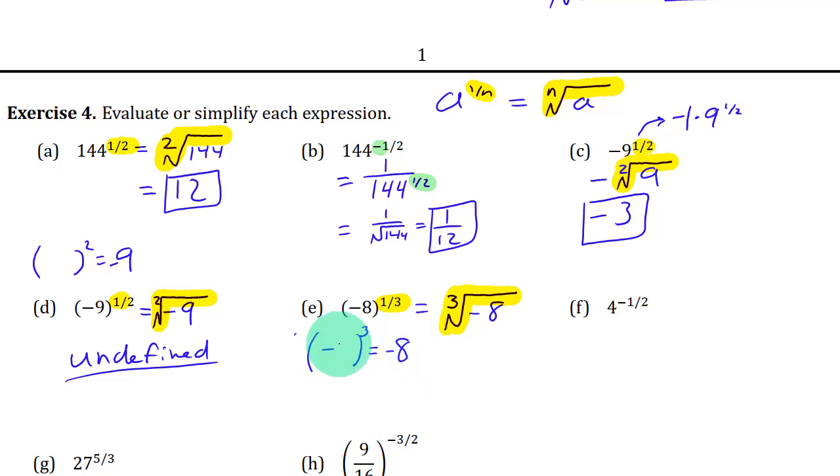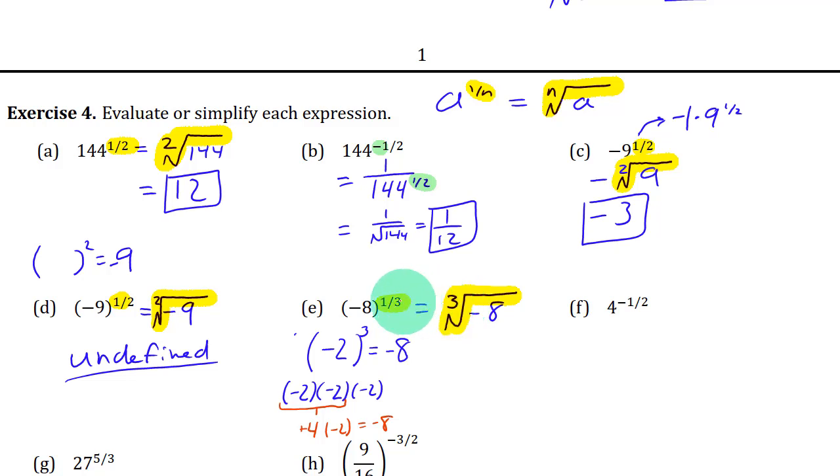Well, does negative 2 work? Let's see. Negative 2 times negative 2 is positive 4 times a third negative 2 is going to be negative 8. So yeah, negative 2 works.